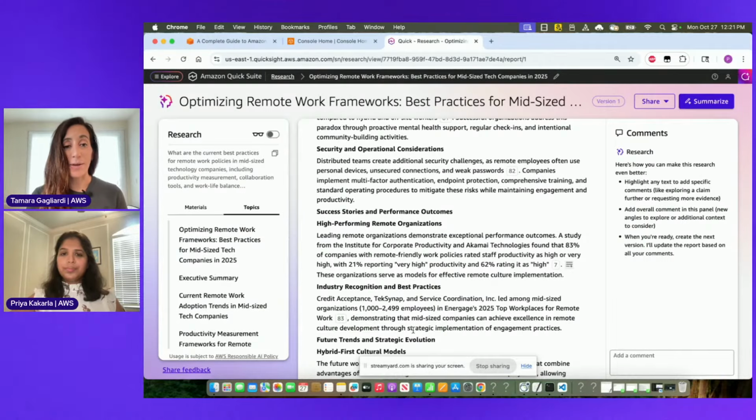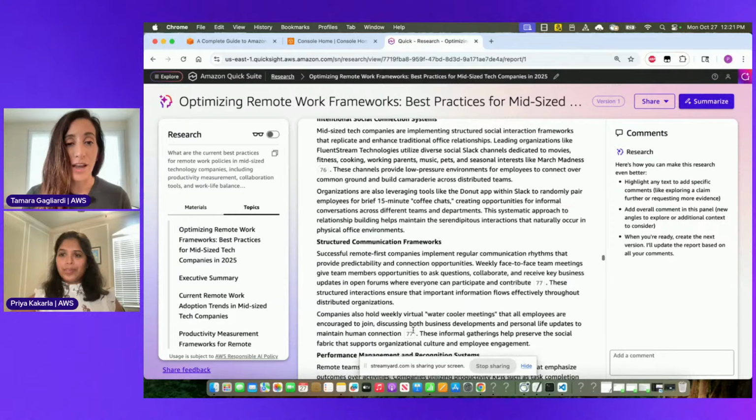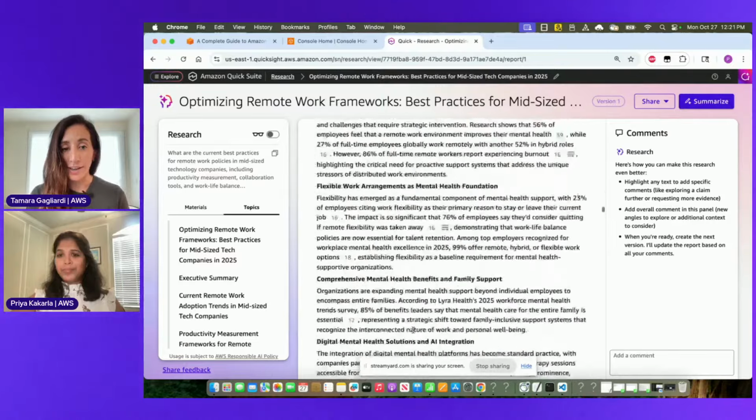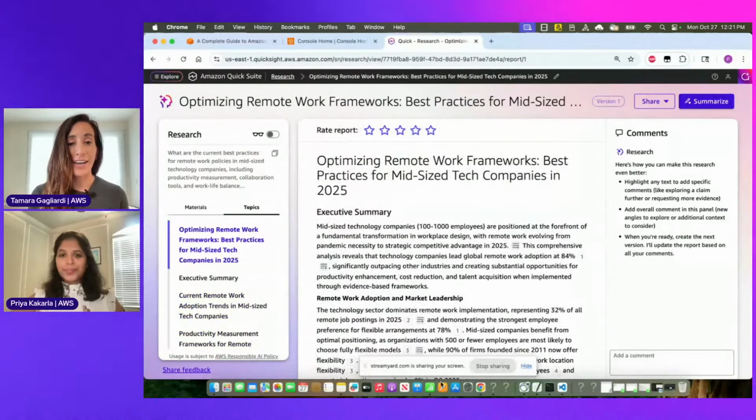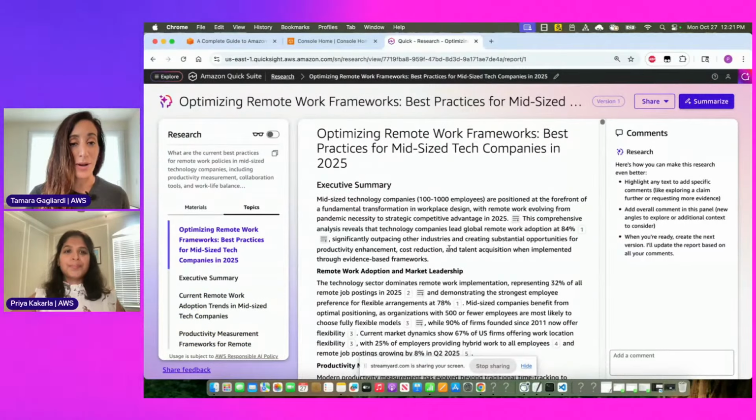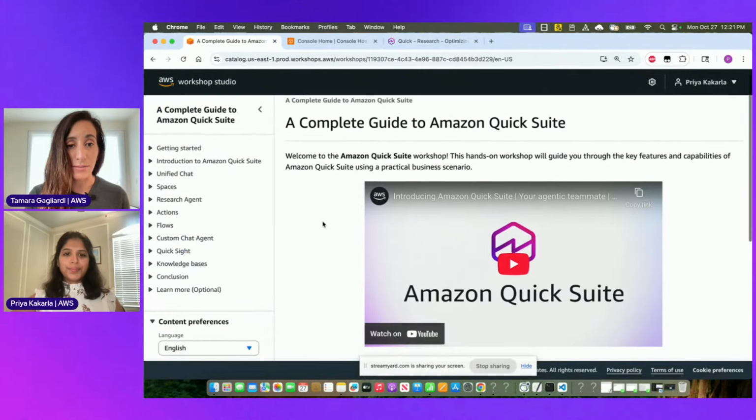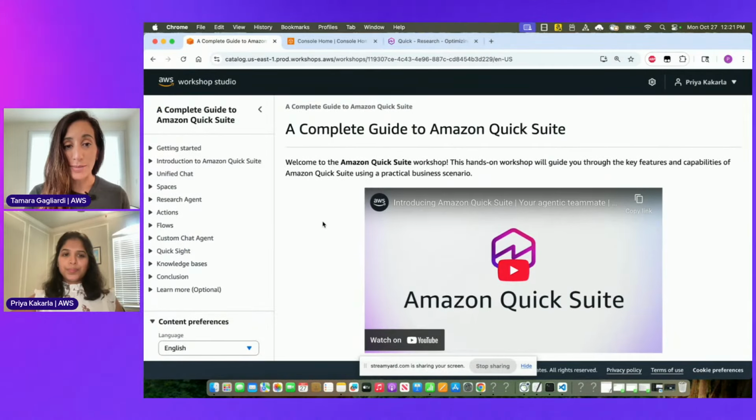Excellent. Thank you, Priya. We covered a lot, and I know that you've also been working on making this available to others that want to go step by step. Together, you worked on building a workshop. So, can you share a little more about the workshop?